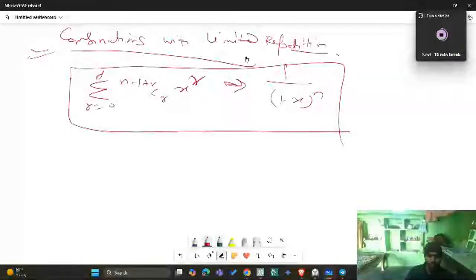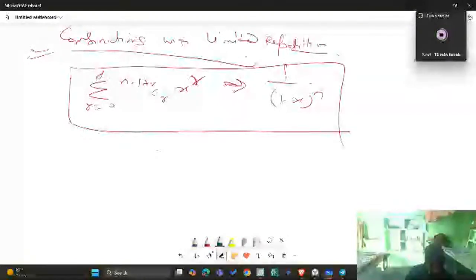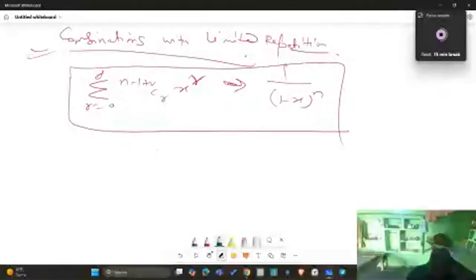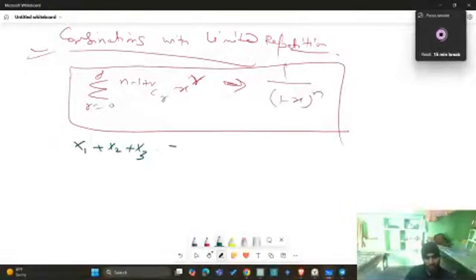We have a question. The question says that three identical dice are tossed. How many ways to get the sum of outcomes as 12? So we have three identical dice x1, x2, x3. The sum should be 12.